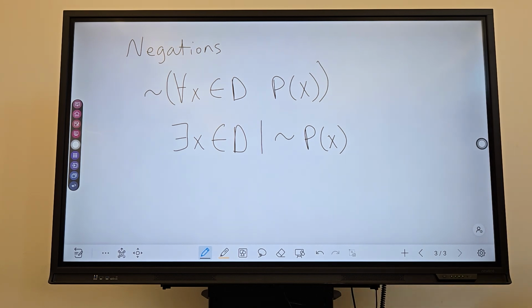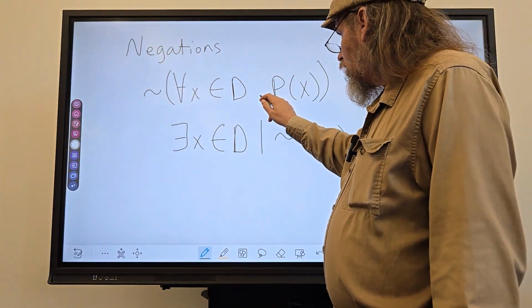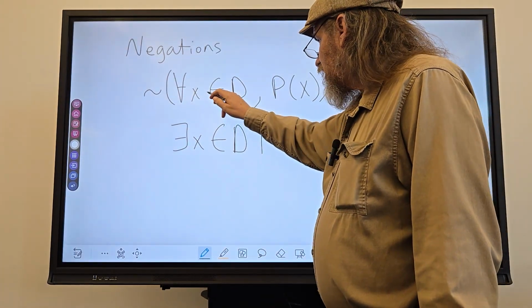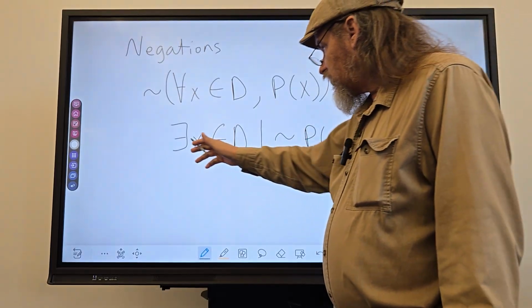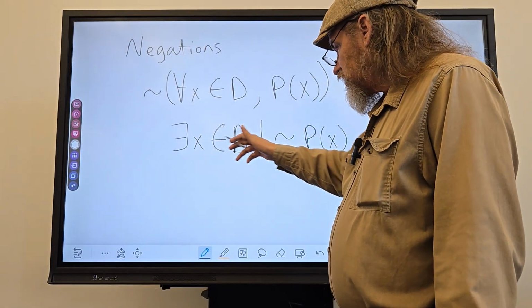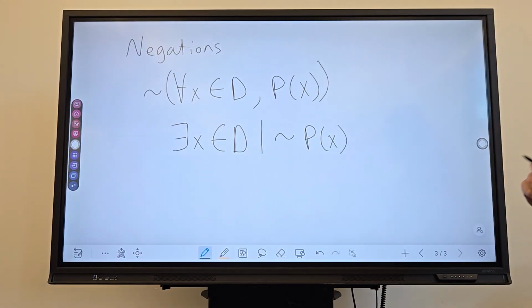So basically, if P(x) is true for all elements x in D, the negation of that means that there exists at least one element x of D such that P(x) is not true.